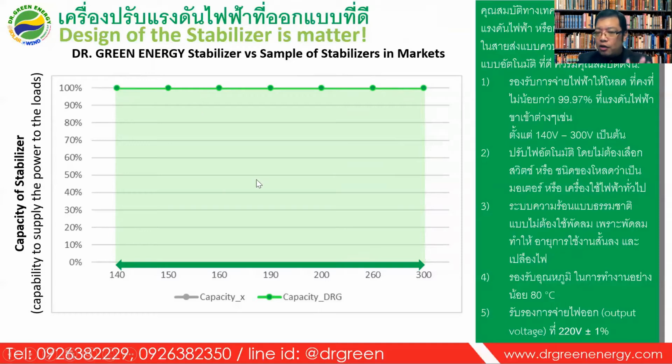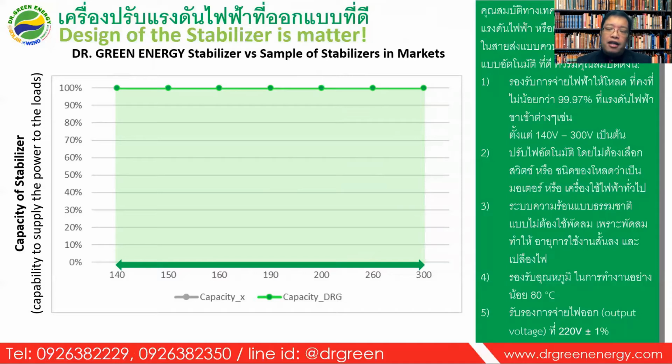The green area or green line here represents the committed capacity. It doesn't matter how low the voltage drops or how high the voltage goes over when you face it at the site or at your home or any place where you deploy the stabilizer.